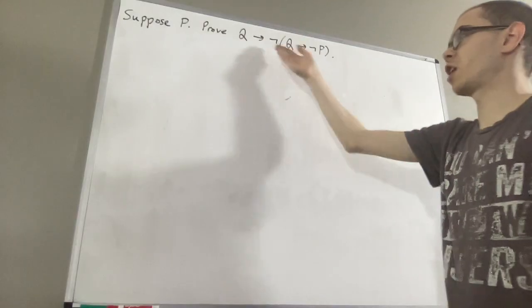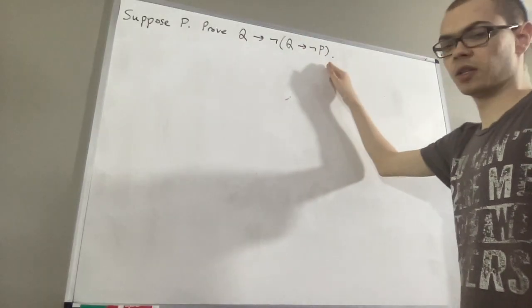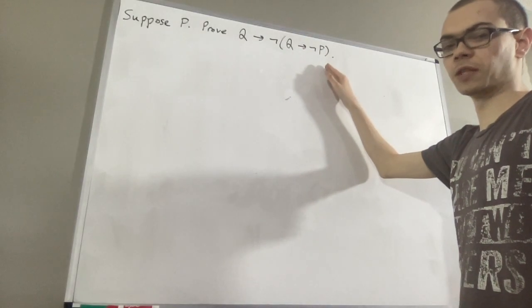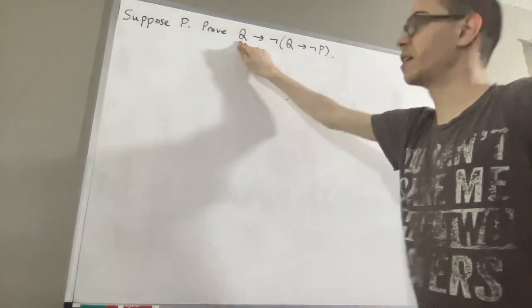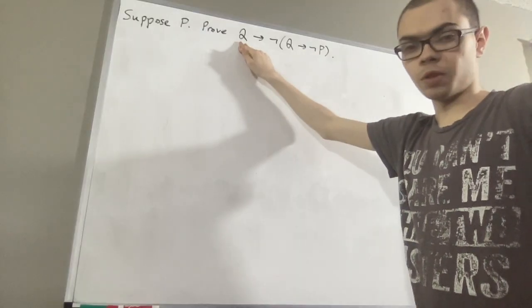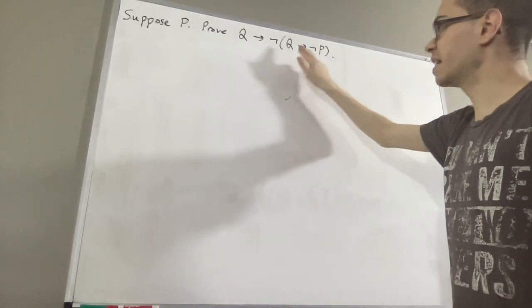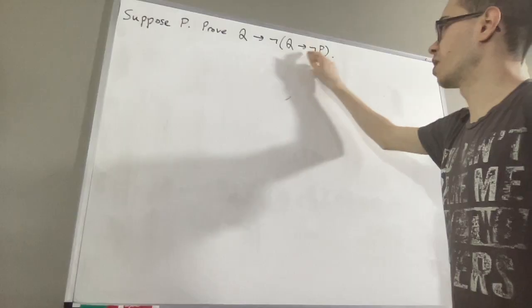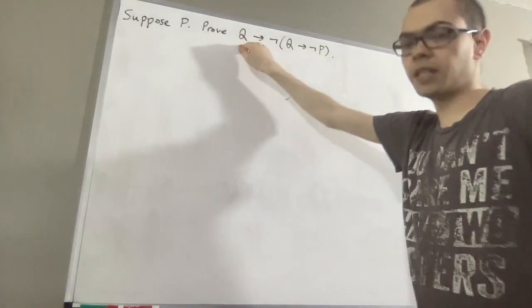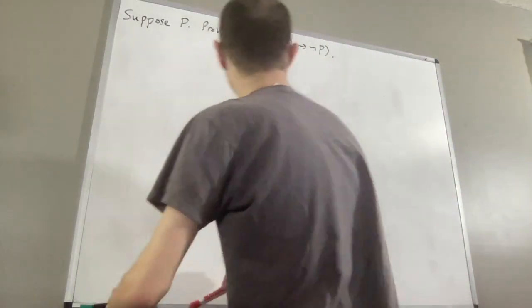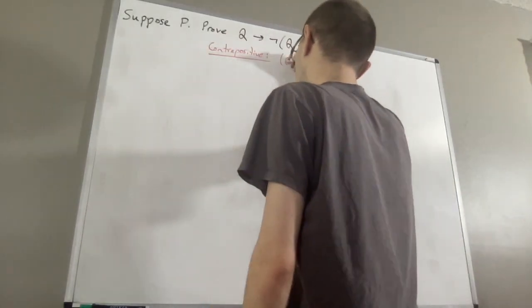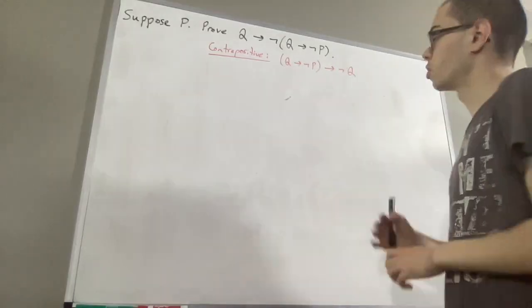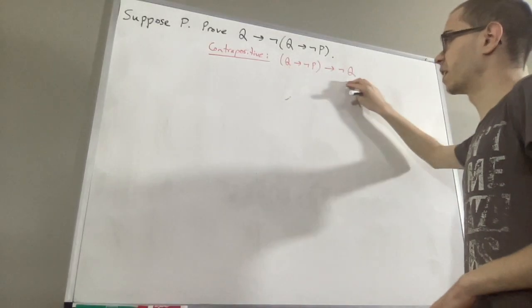So let's try to prove the contrapositive of this. The contrapositive tells us if this statement is false, then Q is false. Or in other words, if it is the case that if Q is true, then not P is true, then Q is false. So that's what the contrapositive tells us. So for our scratch work, we're going to be proving this statement.